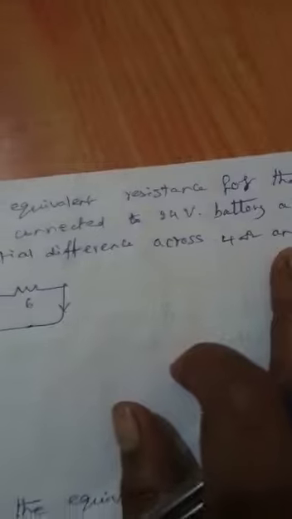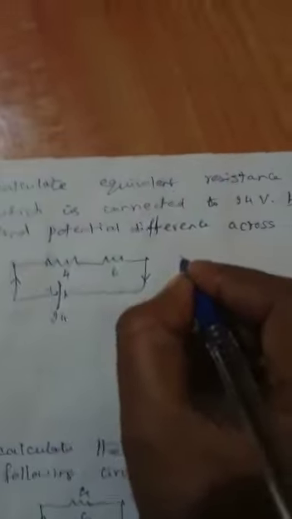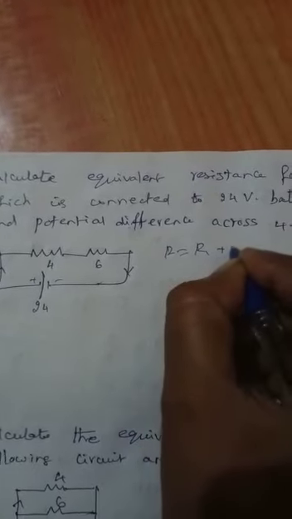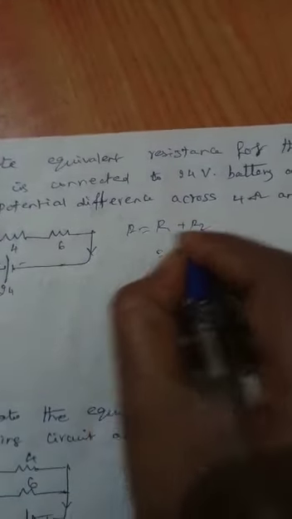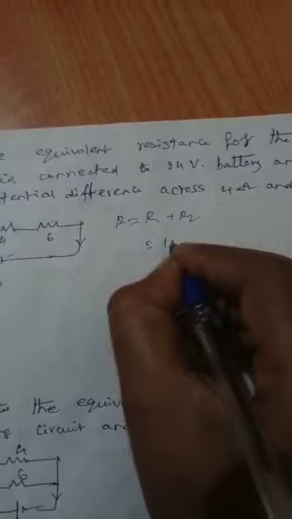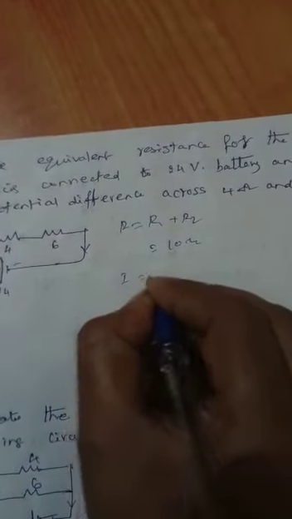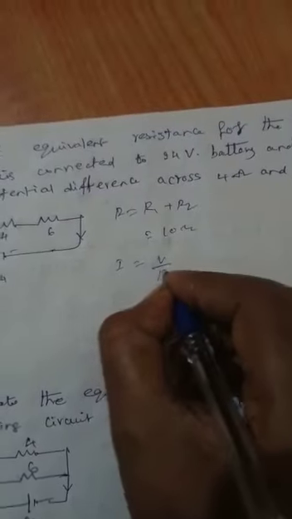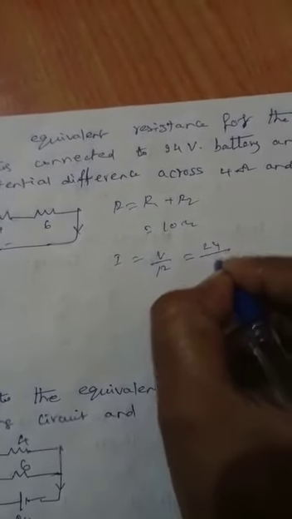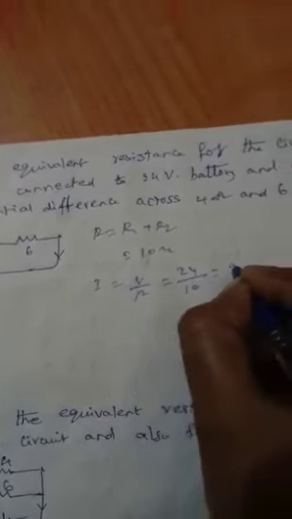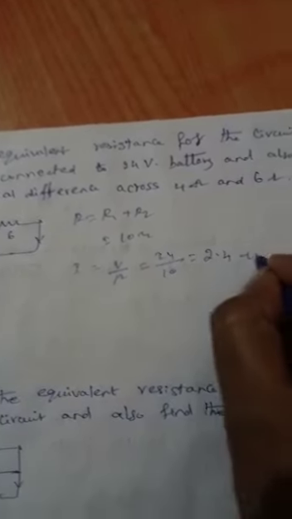Next one. Calculate the equivalent resistance for the circuit which is connected to the 24 volt battery, and also find the potential difference across the 4 ohm and 6 ohm resistors. Here the resistances are connected in series. What is the equivalent resistance? R is equal to R1 plus R2. If you add 4 plus 6, we get 10 ohm. What is the current? I is equal to V by R. V is 24, R is 10, so we get 2.4 ampere.